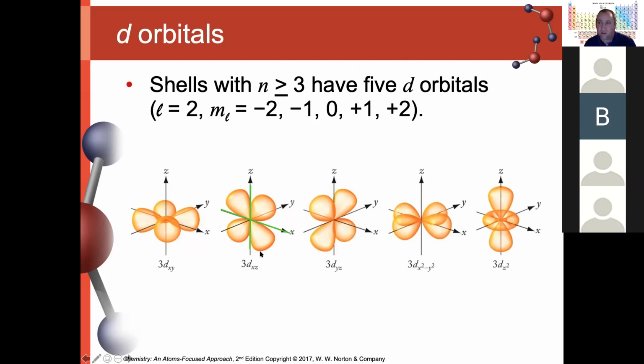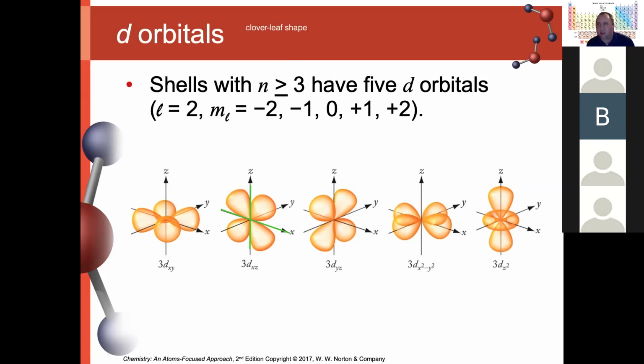And so the spaces between the cloverleaf lobes are nodes. And so the common name for the shape is cloverleaf.